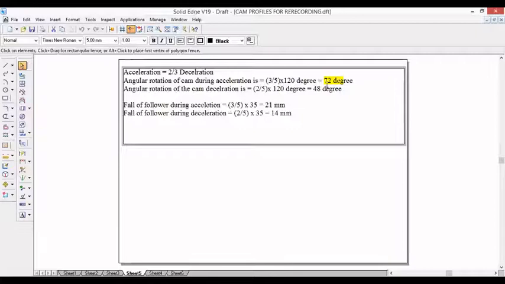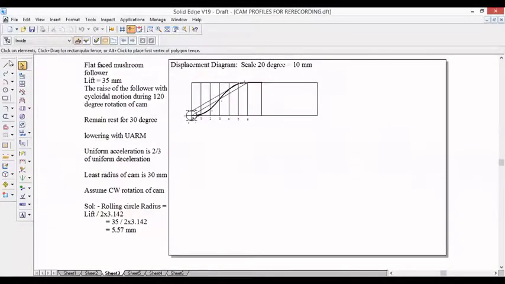So out of 120 degree, 72 degree is the angular rotation for acceleration, and the remaining 2 by 5 times 120 degree gives us 48 degree for the deceleration part. So 72 degree divided by 20, we get the terms in millimeters to draw in the displacement diagram.